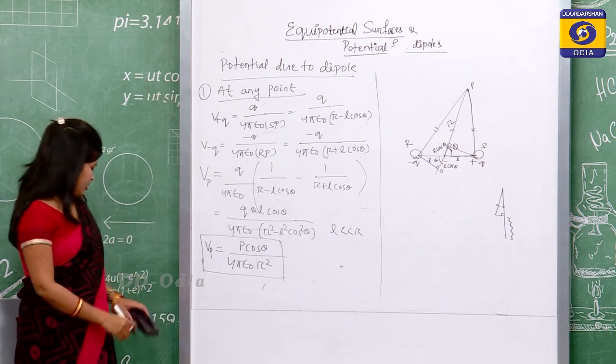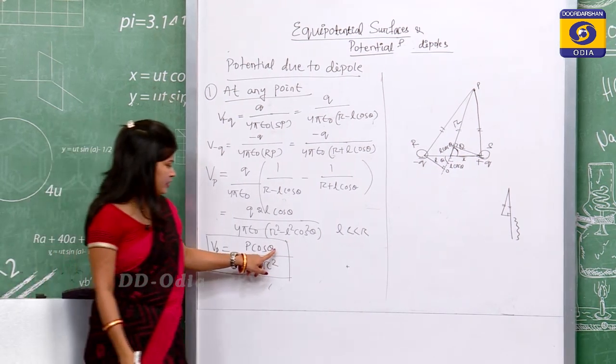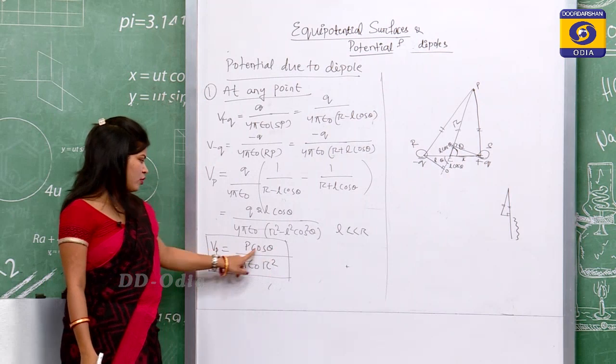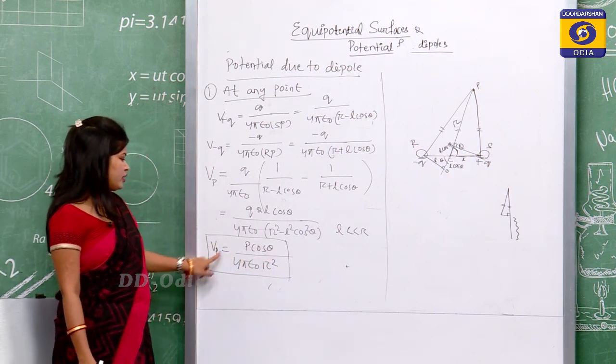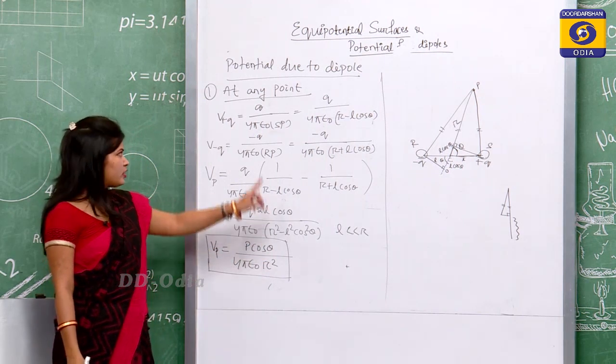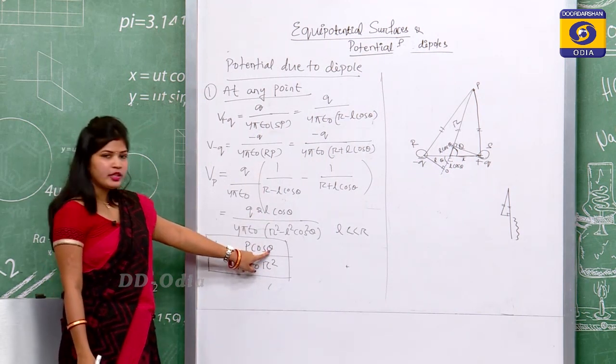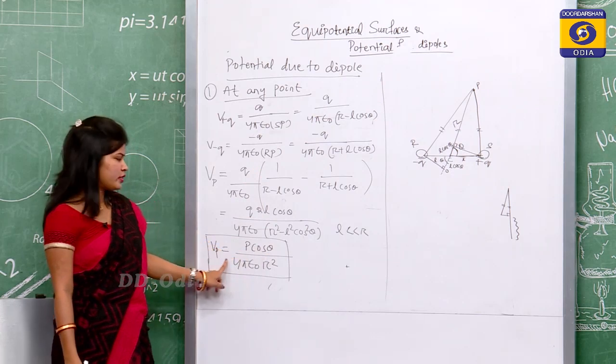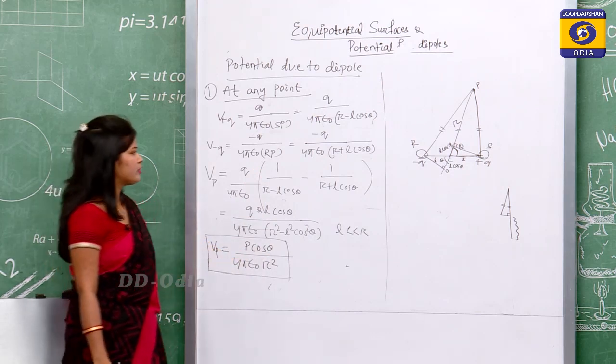On the axial line, theta is equal to 0, so cos 0 is 1. So, potential is p upon 4 pi epsilon naught r square. On the equatorial line, theta is 90, and cos 90 is 0, so potential is 0 there.